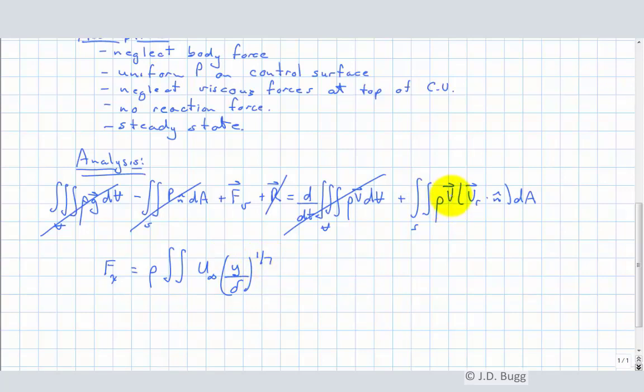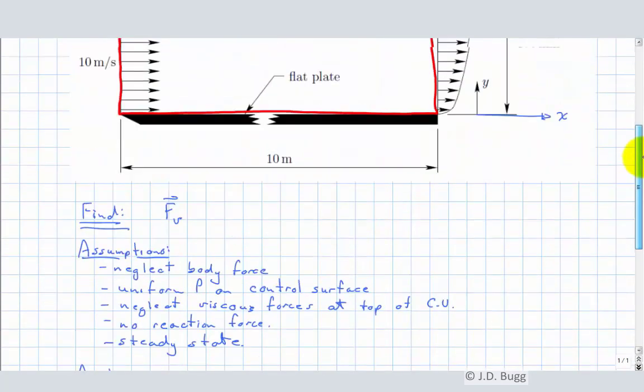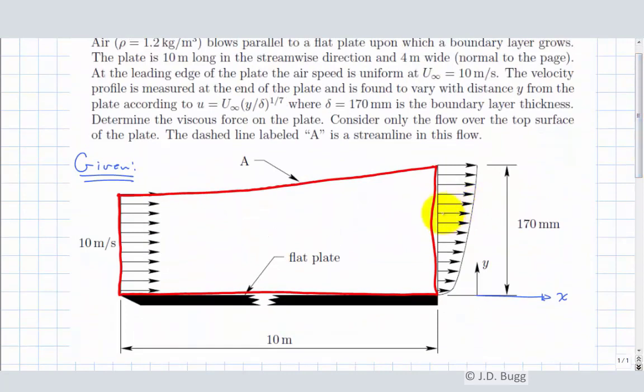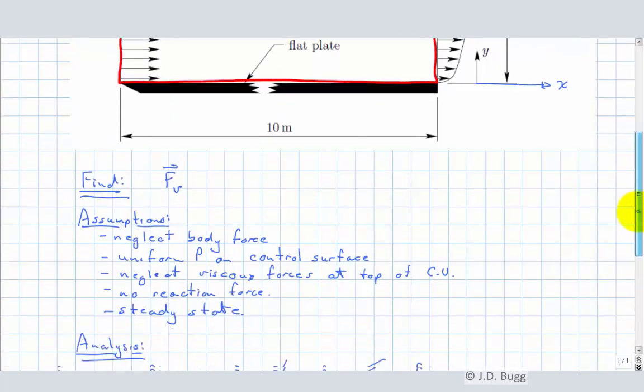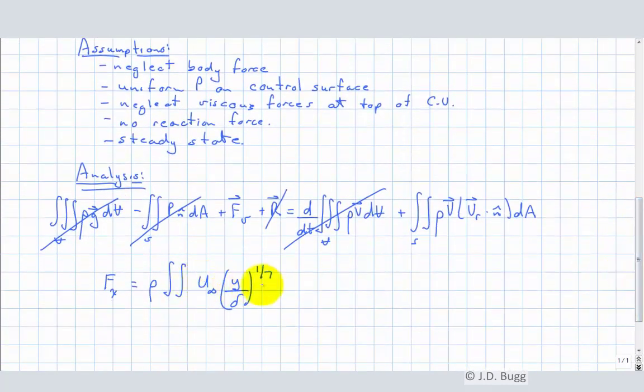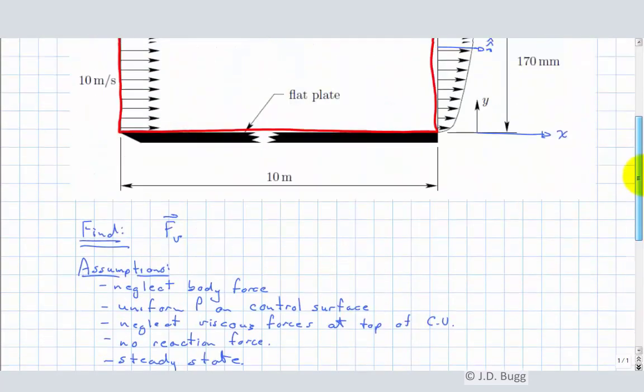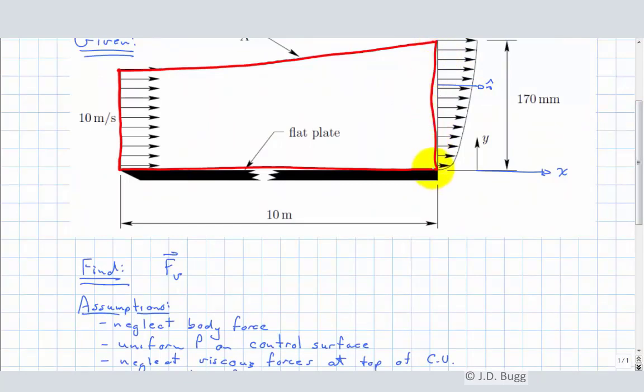And remember, we're just taking the x component of it, so it's not a vector anymore. V dot n at the exit: the unit normal here, remember, is like that. So v dot n is just equal to v. So this expression for the velocity is also v dot n. So we just have this same thing over again. So I'm just going to square this and square this, so this is essentially the velocity squared. dA, so the area that we're integrating over is this. So dA is going to be dy dz.